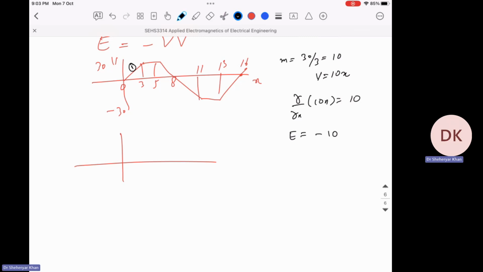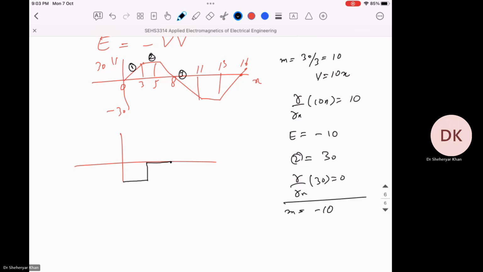Okay. So when it goes here, up to 3. Part 2 is constant 30. Derivative of 30 is 0. Again, part 3, the slope is minus 10, and the electric field is plus 10.